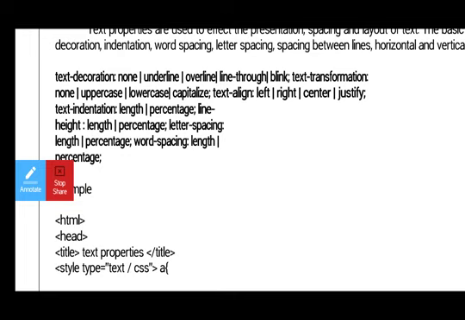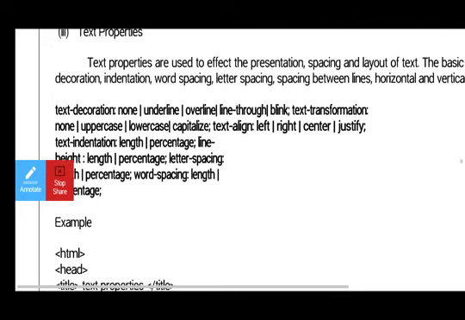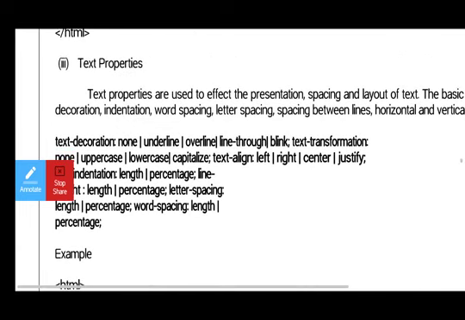Text indentation, line height, line spacing and word spacing are the different types of text properties.